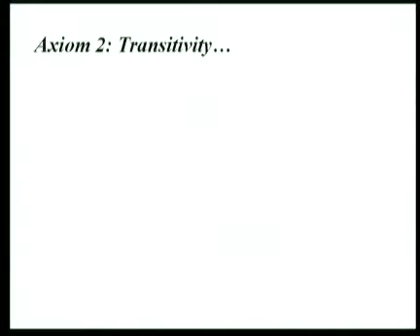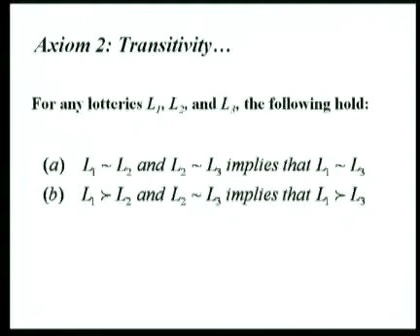The second axiom, transitivity. This should look familiar to you from basic algebra. So if we have any lotteries, L1, L2, and L3, the following conditions hold. That's transitivity. If L1 is indifferent to L2, and L2 is indifferent to L3, then L1 must be indifferent to L3.